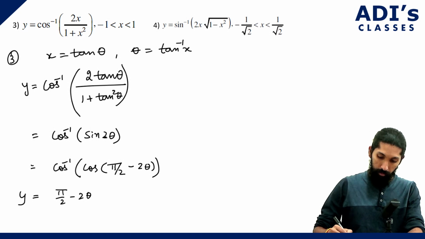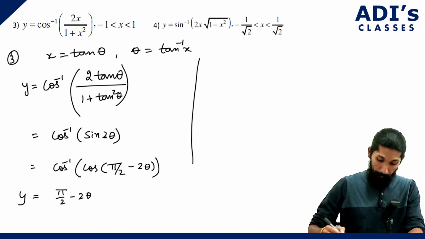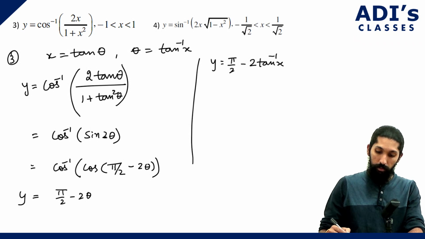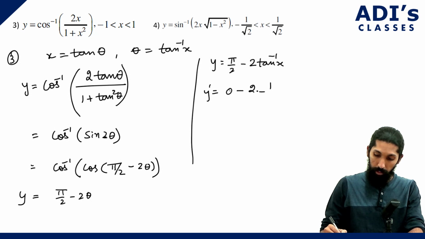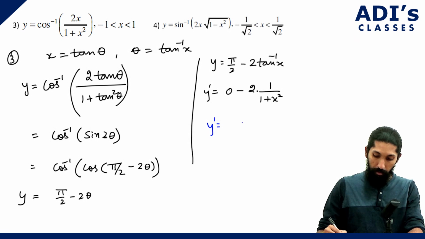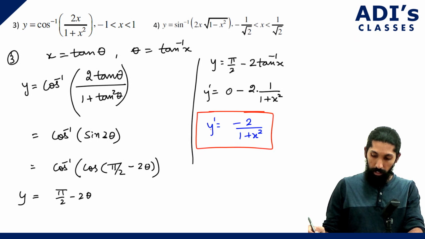Substitute the value of theta. y is equal to pi by 2 minus 2 tan inverse of x. So once you substitute and differentiate now, 0 minus 2 into 1 by 1 plus x square, or the final answer will be y dash equals minus 2 by 1 plus x square. This is going to be the answer.